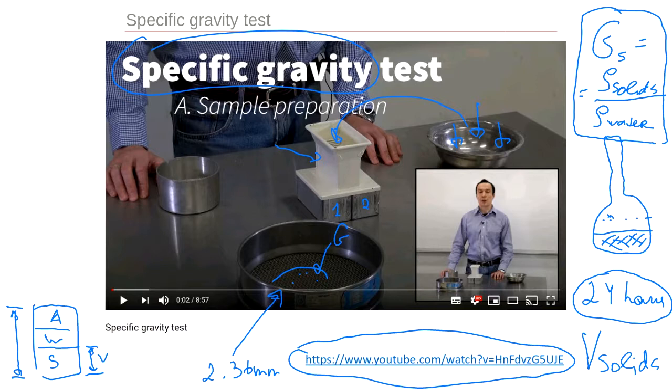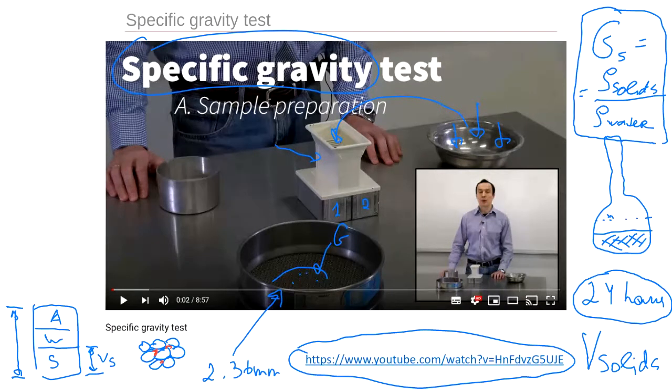And it's always very difficult to get, because when we look at the structures, you will see that solids develop a structure like this, right? They're close to each other, but there is always some empty space. And in that empty space, there is always air, trapped air. So the point of this test is we would like to get rid of the air that we have in the soil.